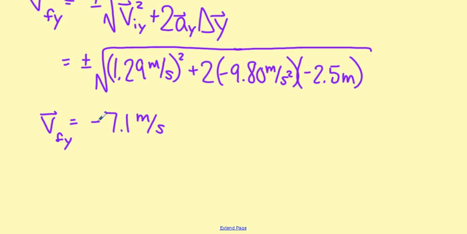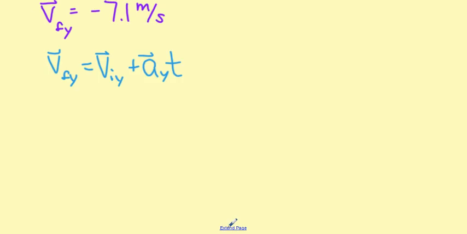Now that I have final velocity, I can calculate time using a couple of different equations, but I suggest to use the equation v final y equals v initial y plus ay t. This equation is probably the easiest one to use because it's easiest to solve for time here.